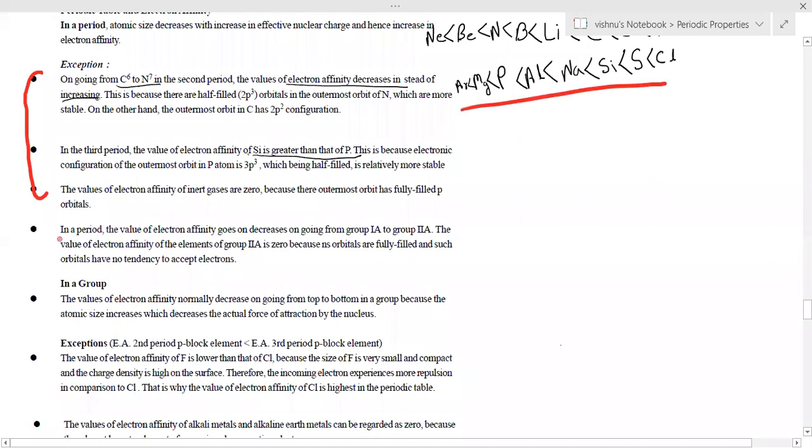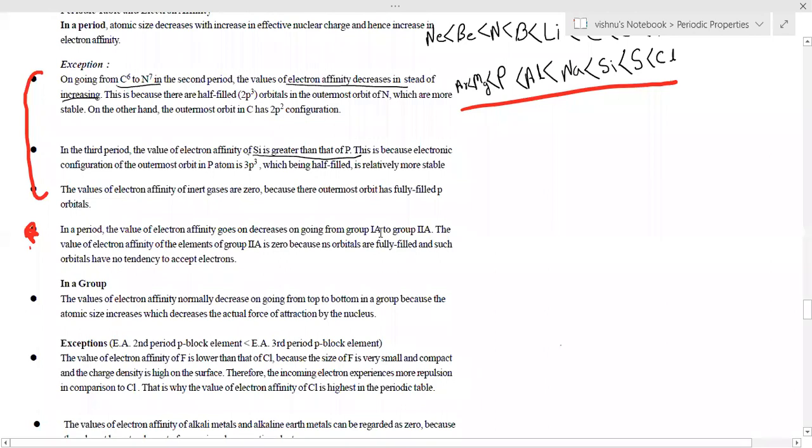Now fourth exception. Just star mark this fourth exception. No, the fourth exception is also cleared, sorry. The same thing, beryllium and lithium.